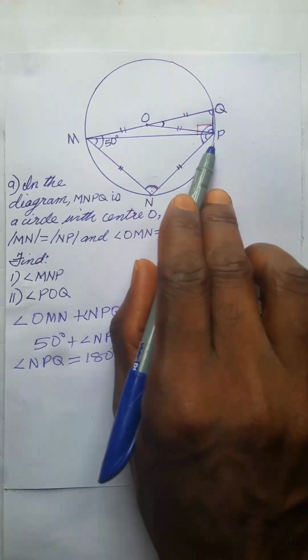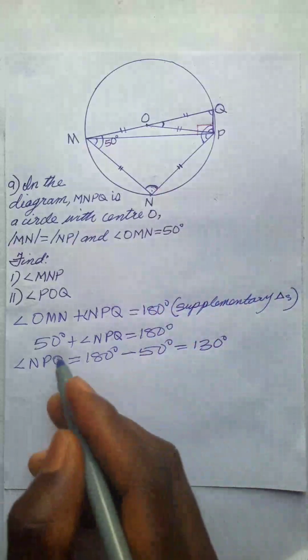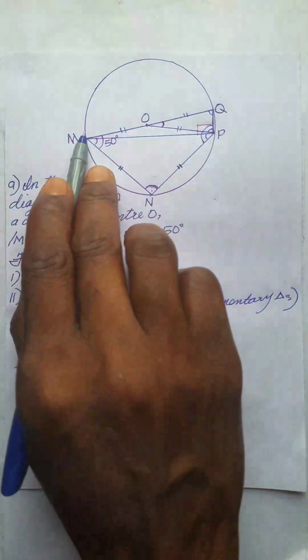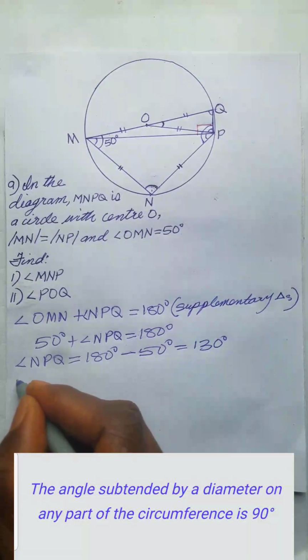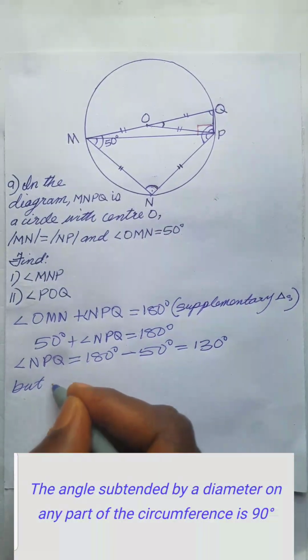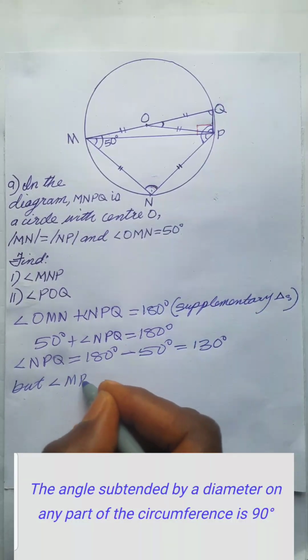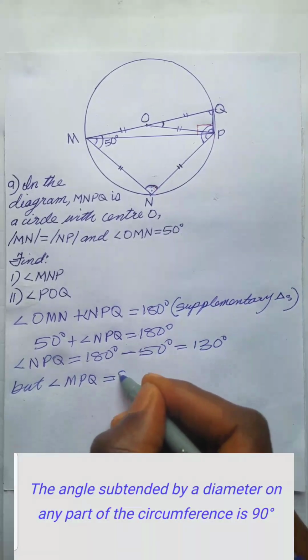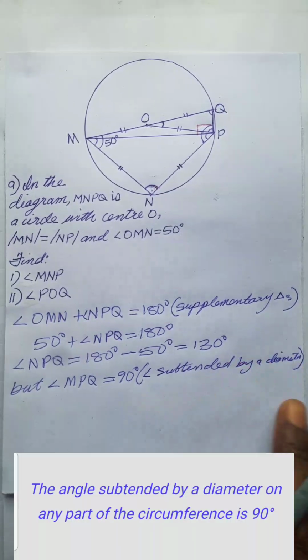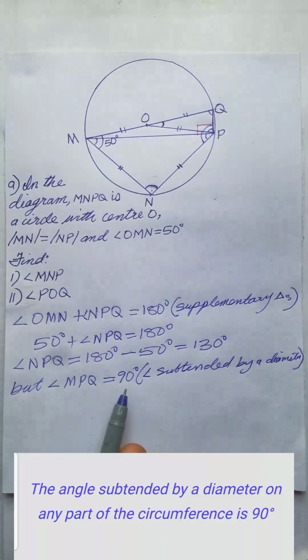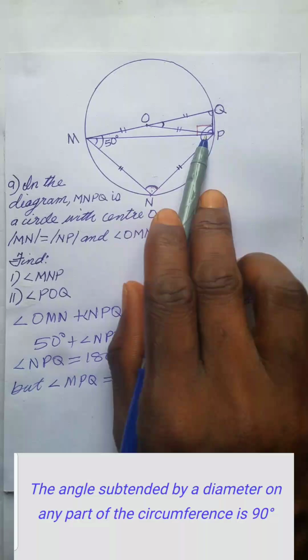Isn't that easy? Now, from what I stated earlier, angle MPQ is 90 degrees. So let's write it down. Angle MPQ is equal to 90 degrees. Why? Angle subtended by a diameter. Okay, so we've gotten that. Now, what am I trying to do?